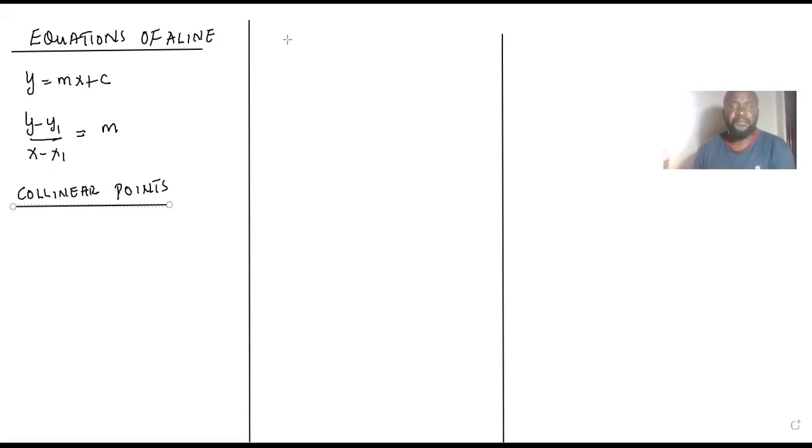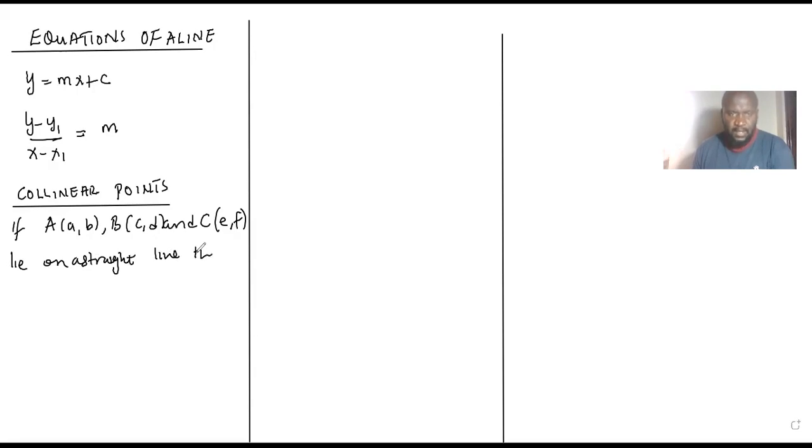So therefore, if A (a, b), B (c, d), and C (e, f) lie on a straight line, then they are said to be collinear points.